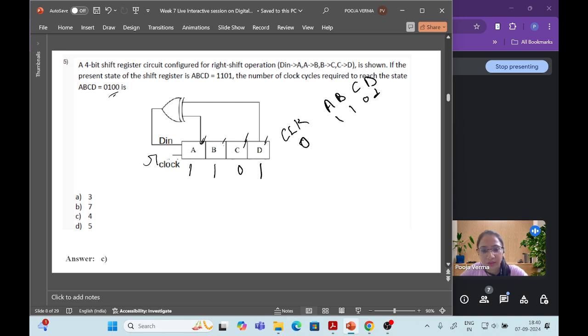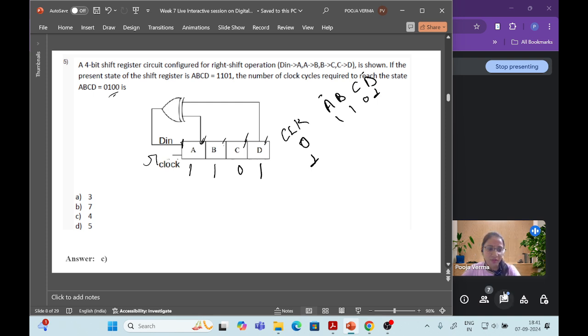Okay, so when the first clock pulse comes, then what do we need to do? We need to XOR A and D, and the output of this is connected to this A. So A and D are 1 1. When we XOR 1 1, what will be the output? Anyone of you answer this?